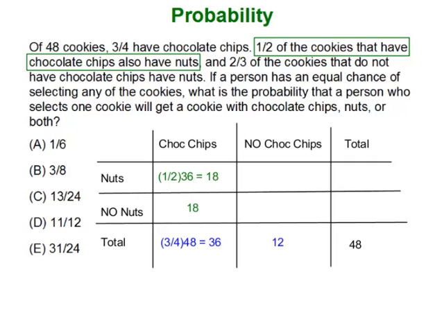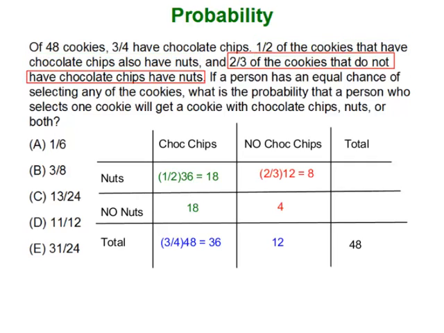The next piece of information is that 2/3 of the cookies that do not have chocolate chips. Again, it's not just 2/3 of the cookies, it's 2/3 of the certain cookies that do not have chocolate chips. So 2/3 of the cookies that do not have chocolate chips are these 12. 2/3 of these 12 have nuts.